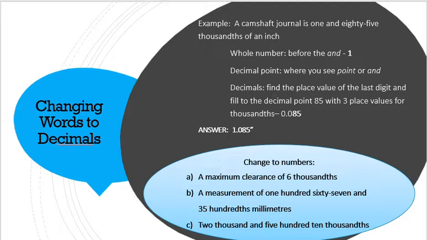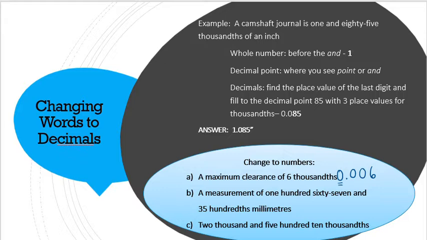So if we had someone say a maximum clearance of 6 thousandths, well, we know we only have 6 of them, but they have to be in the thousandths, so it's not right by the decimal. We have to put in those 2 zeros and the decimal point, and to be polite, always a 0 in front to recognize that that is 6 thousandths instead of hundredths or tenths.